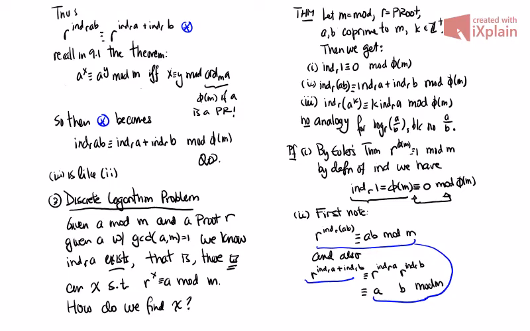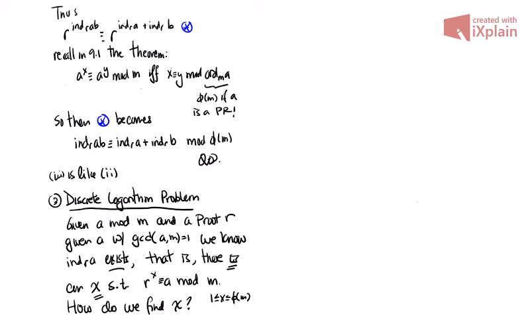What you could do is just try them all. Let me try r to the 1, and so on. For reference, this x is between 1 and phi of m, because the powers of the primitive root cover all of the coprime things. So you could try everything between 1 and phi of m, which seems pretty arduous. You might ask, is there a shortcut? The answer, interestingly, is computationally not really. Any reasonable method of finding x is basically computationally equivalent to trying everything, which is really a pain.